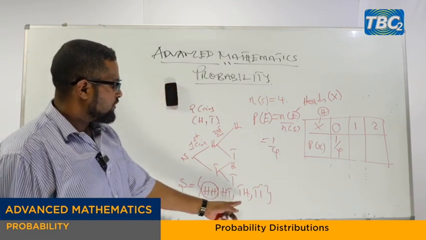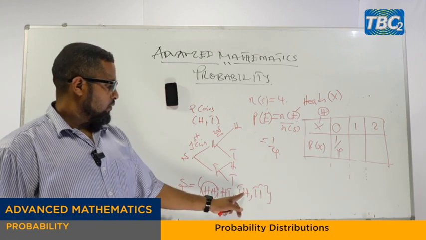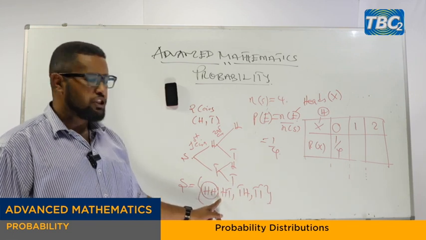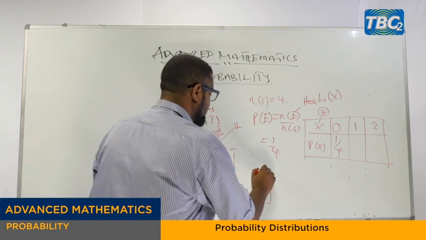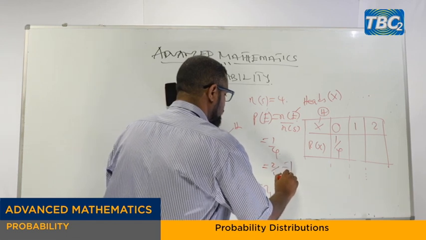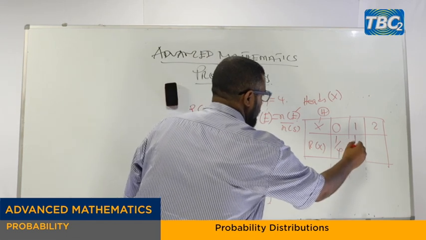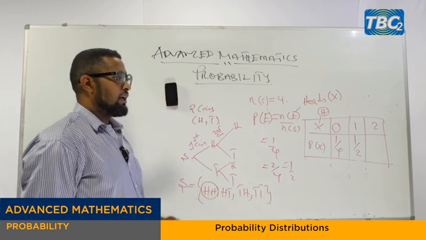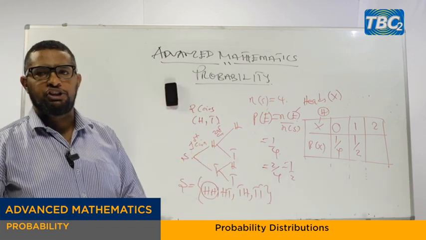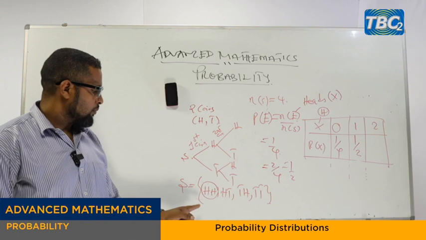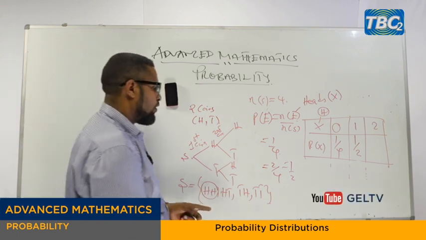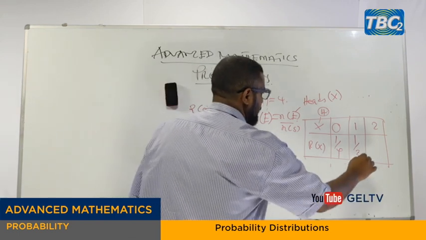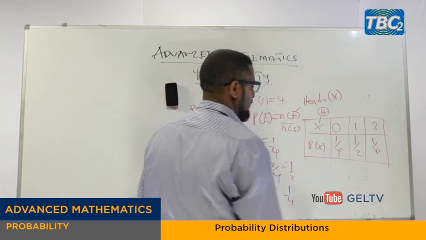Again, for one containing h, we have 2 outcomes. So it will be 2 over 4, which is 1 over 2. And lastly, where do we have 2 h? We have only one outcome, which is this one. So it is 1 over 4. So right there, 1 over 4.